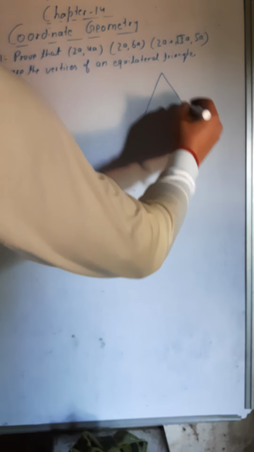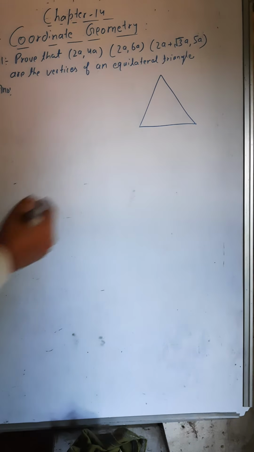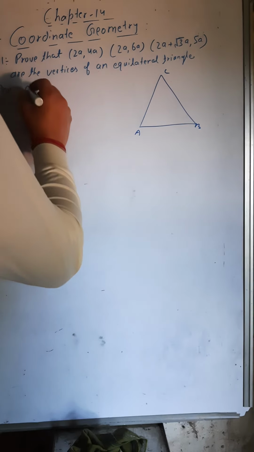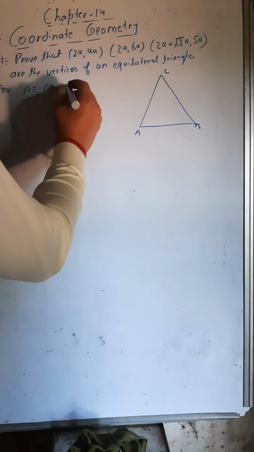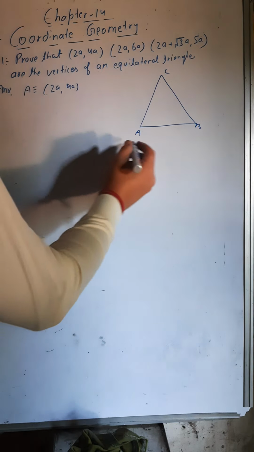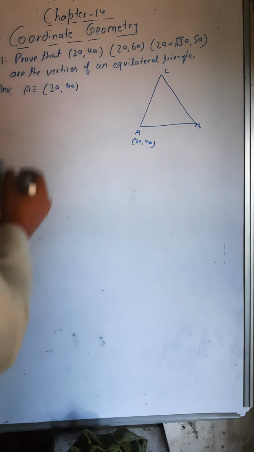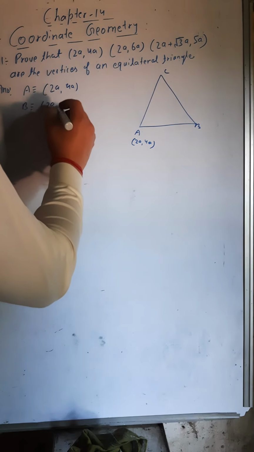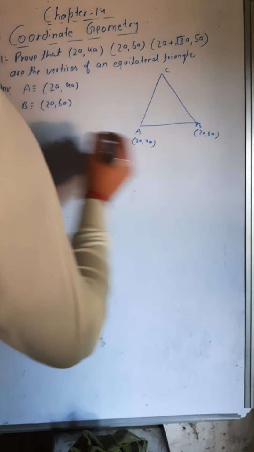Okay, this way I will make. Looking somehow equilateral? Yes. So let's say this is the point A, this is B, and this is C. Let's say the point A is here, (2a, 4a), and point B is, let's say, (2a, 6a).